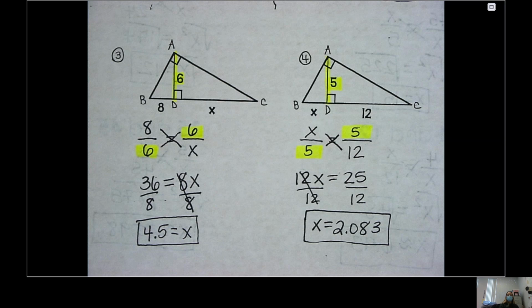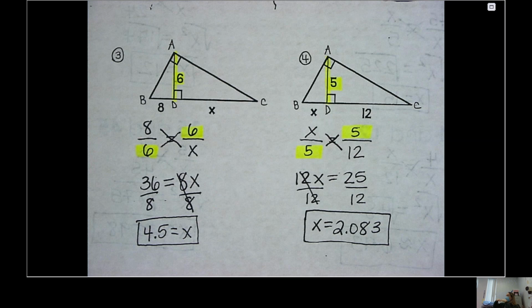So my second theorem is hypotenuse leg. First of all, what's the hypotenuse? Who remembers? Or where is it located? In a right triangle, you've got the right angle.